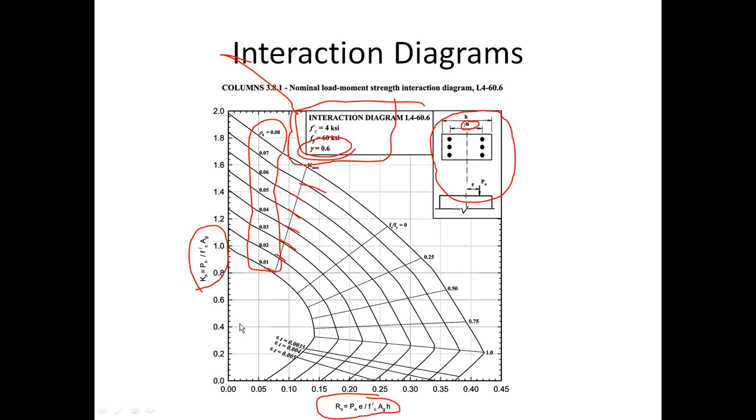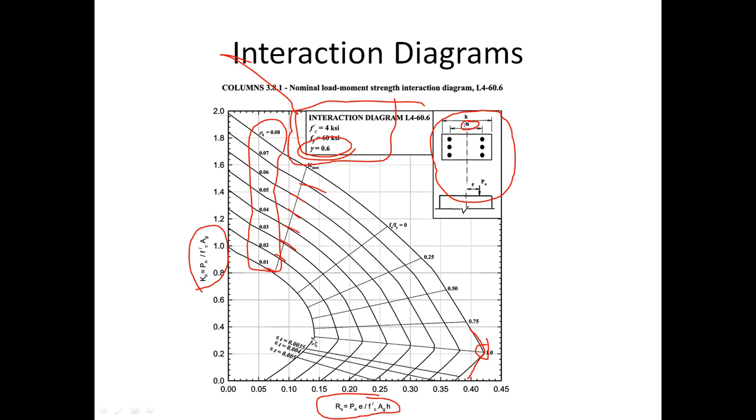The interaction diagram has a point out here that is sort of where any particular diagram makes a kink. We talked about part of the interaction diagram being compression controlled and part being tension controlled.